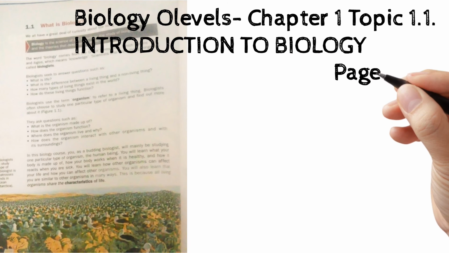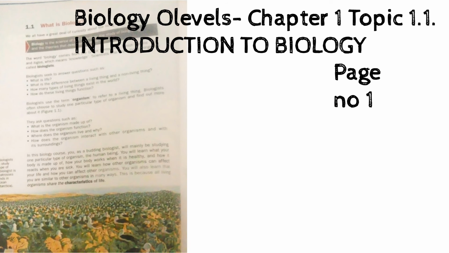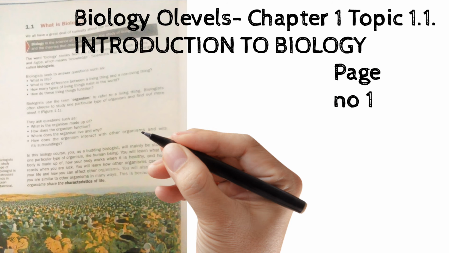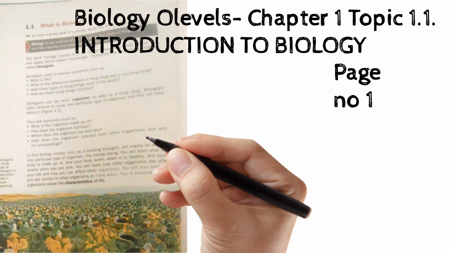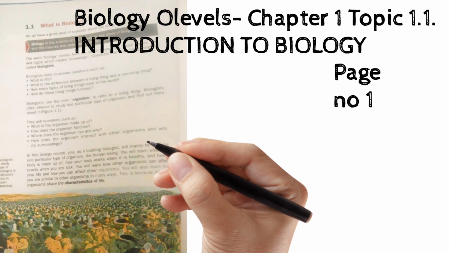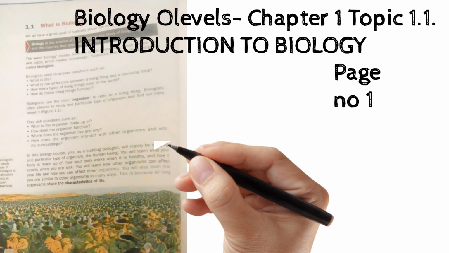In this chapter, after reading it, you will be able to answer what life is, what the difference is between a living thing and a non-living thing, how many types of living things exist in the world, and how these living things function. Basically, we have been using the terms living organisms and living things up till 7th class.